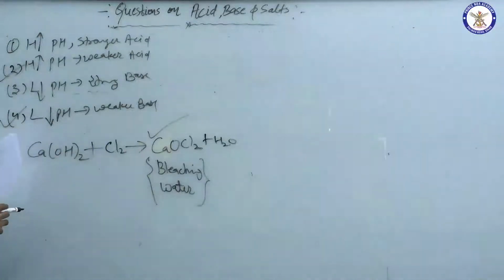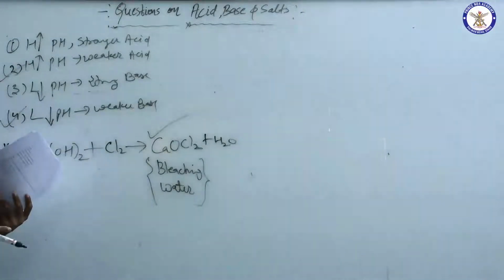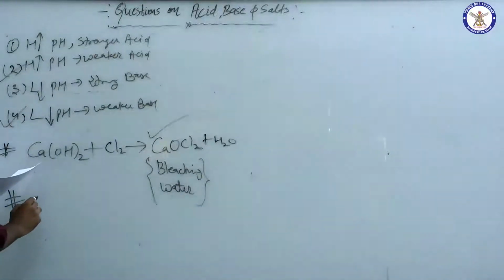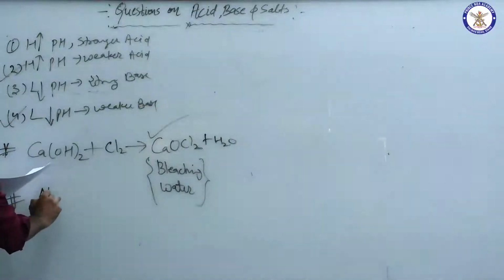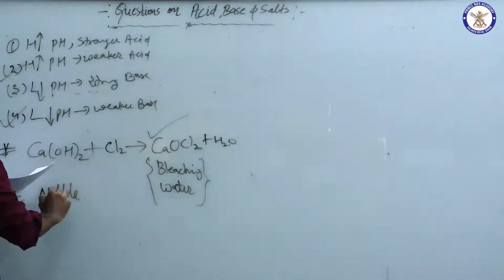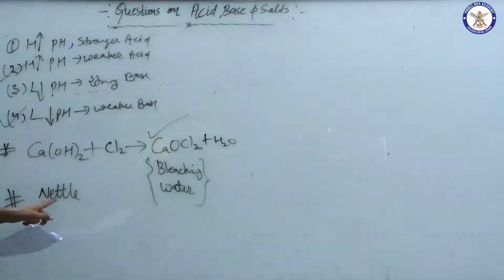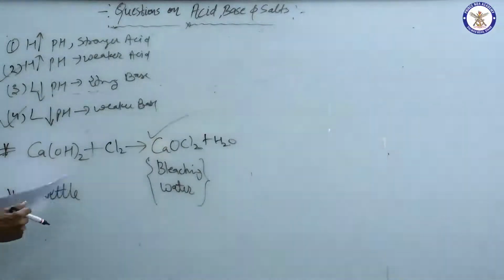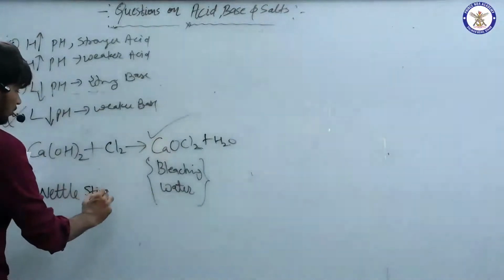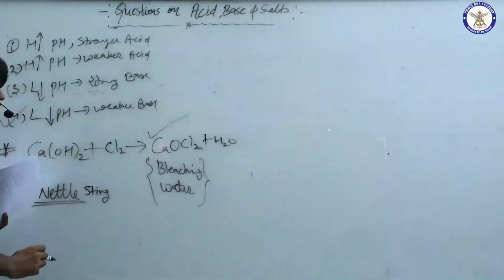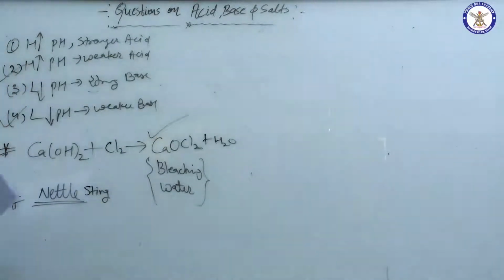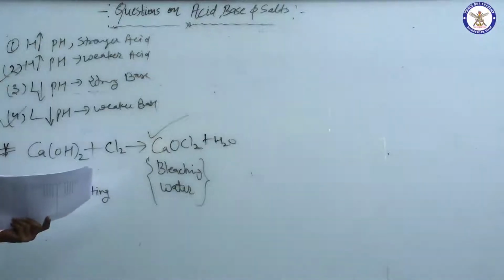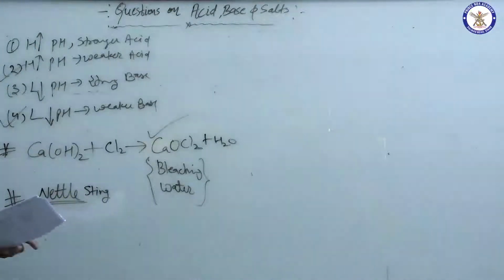Fine. Next, very important. Again, I skipped this part in classes intentionally because I just want to put it into a question. Every student, please write down this question. It is very important. Nettle sting. It is a kind of plant, and sting is what ants do. It is a plant which stings.